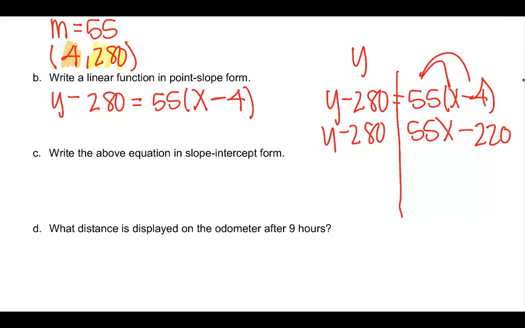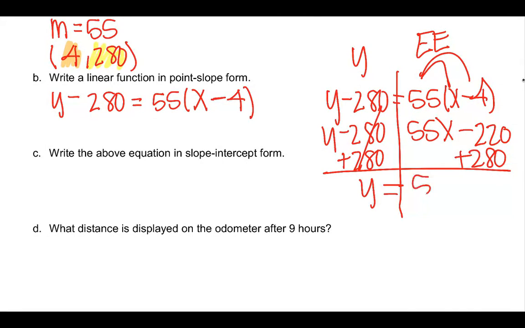Again, I'm going to have a y side and an everything else side. Negative 280 can't stay on the y side. He didn't have a y, so I've got to add 280 to both sides. So I'm left with y equals 55x plus 60. And there it is in slope-intercept form. So I can look at it and know my slope is 55, and my beginning, my y-intercept, is 60.